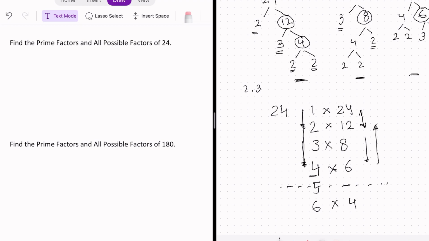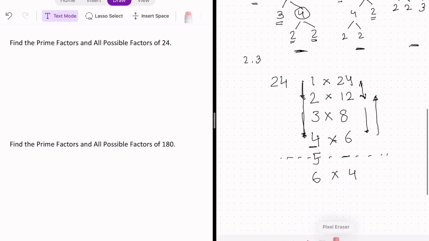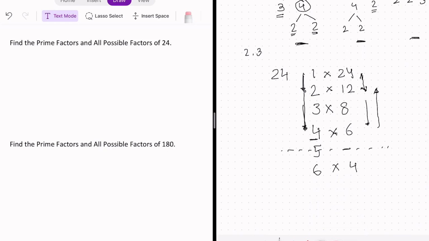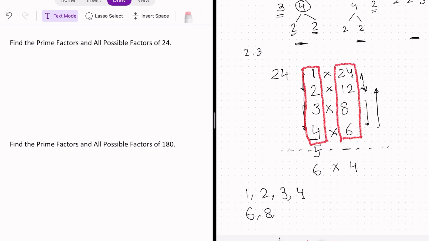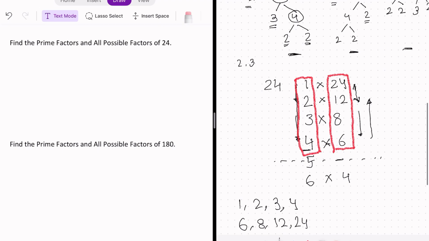So from this, all the factors are all the numbers that I have here and all the numbers that I have here. So I have 1, 2, 3, 4, 6, 8, 12, 24.